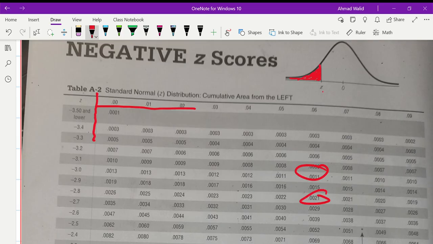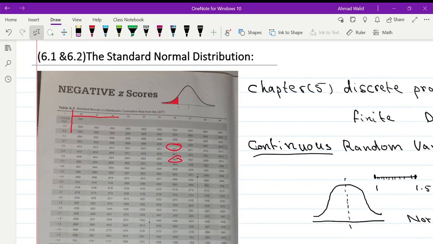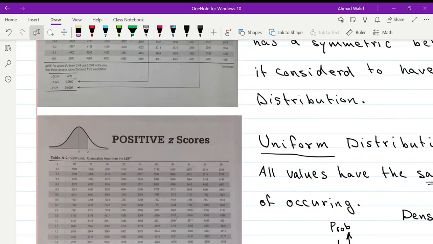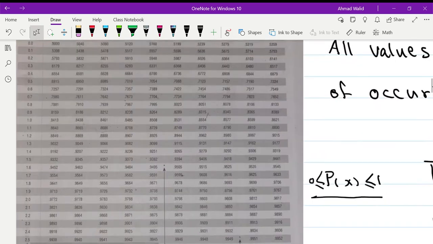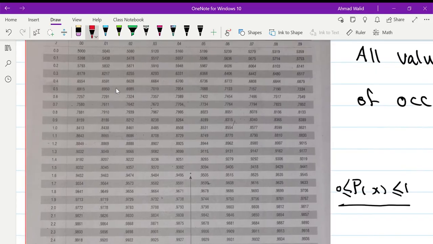Right now, I need a positive z-score. I have to go to this table, right? Because my z-score is positive. What I do, I'll find 1.58. The column shows up to 1 decimal. I'll move from here this way, and I'll find 0.08 this way.